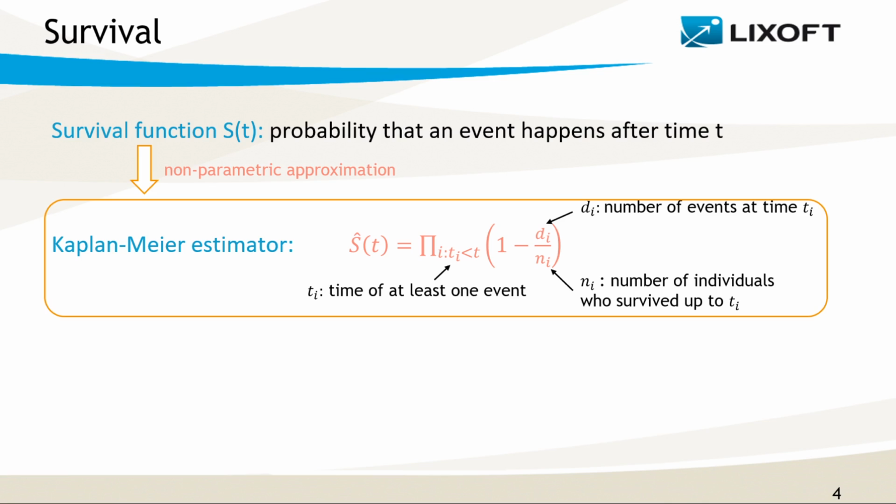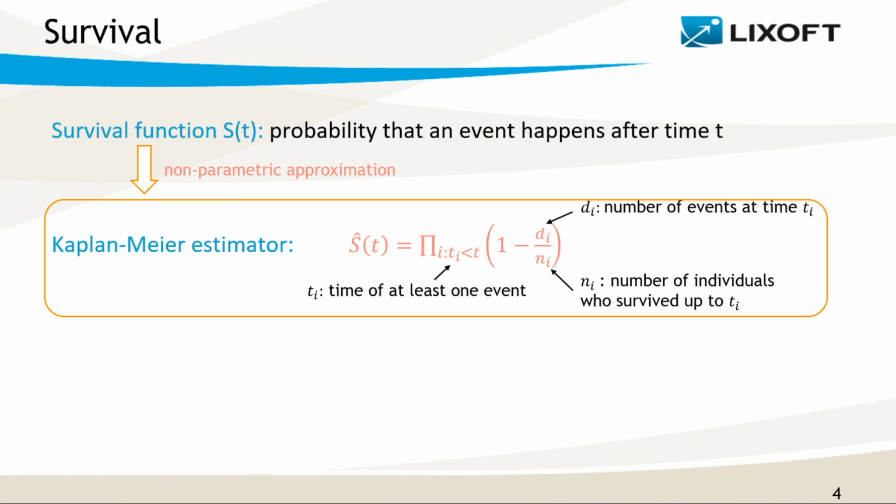To explain the formula, notice first that the probability that an event occurs is the ratio between the number of events that occurred, denoted here by di, and the total number of individuals at risk, denoted here by ni. This total number are individuals who did not experience yet an event. The complement of this probability estimates the survival.